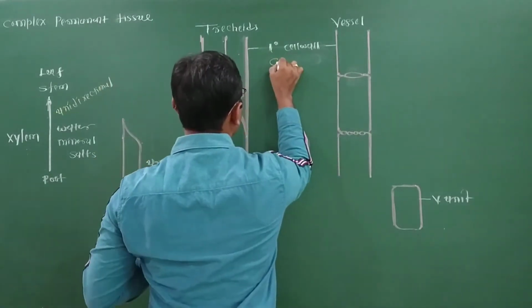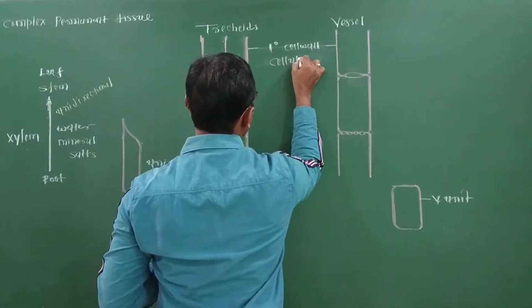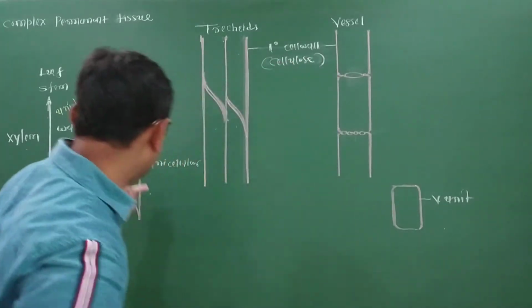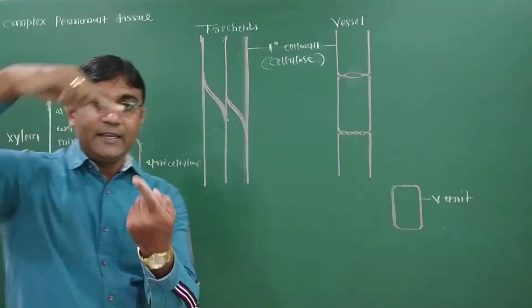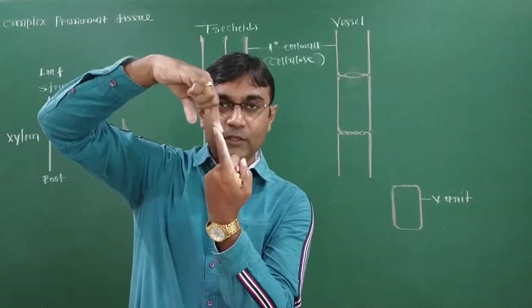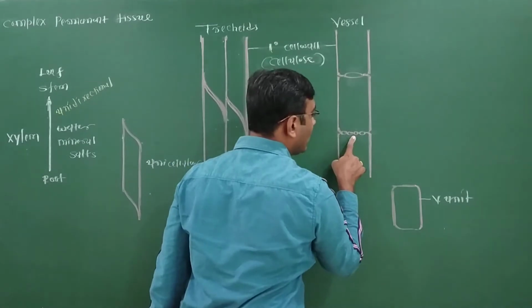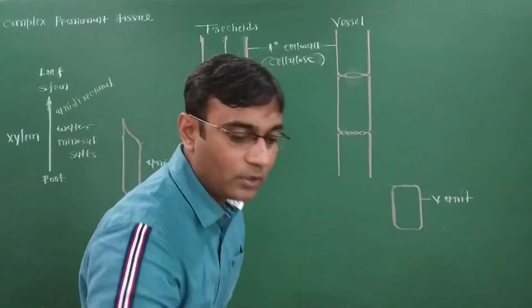Both are made up of cellulose. Trachea ends are tapering and overlap each other. The common wall is not porous, whereas here it is porous, with many pores or a single pore.